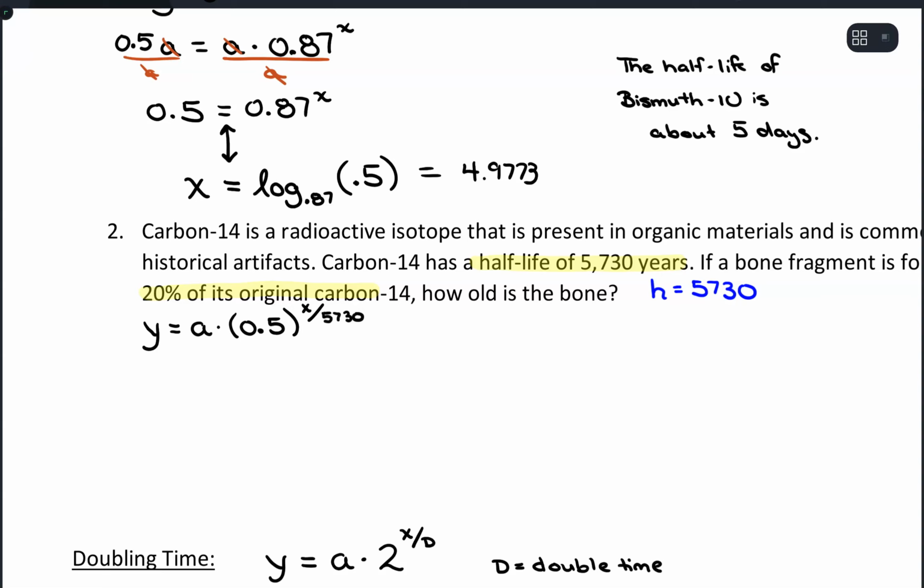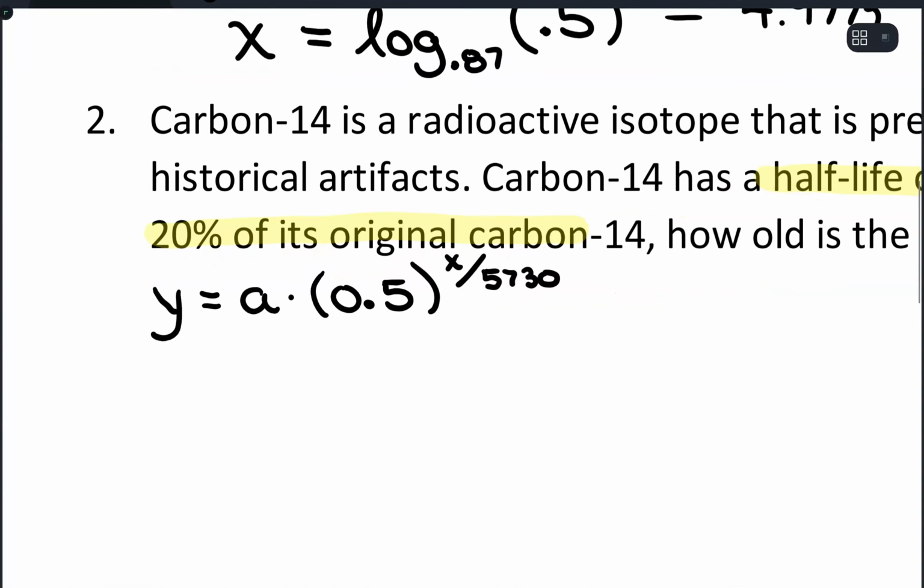So then from there, I have too many variables here. I have y, an a, an x, but this idea that we're left with 20% of the original amount. So if our original amount was a, and we're left with 20% of it, instead of using y, what I'm going to do is 20%, which is the same thing as 0.2 of that original amount of a.